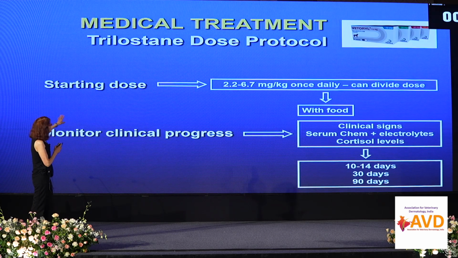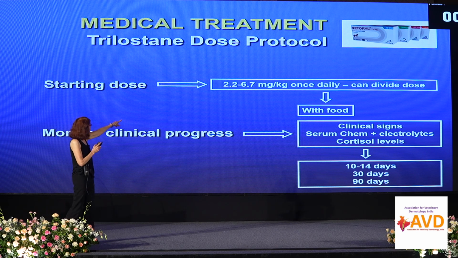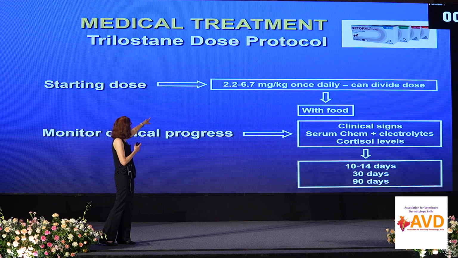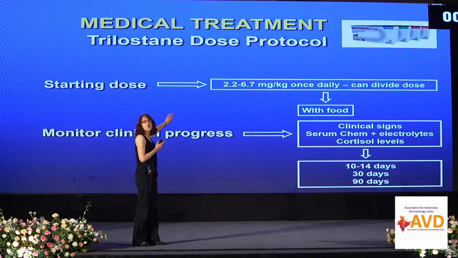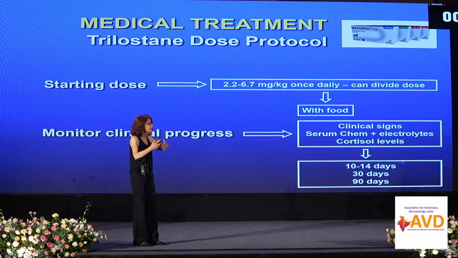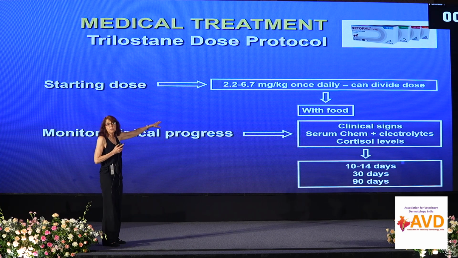Starting those, this is what DECRA recommends in the package insert, 2.2 to 6.5 milligrams once daily. So start with the low end, and then with time you increase the dosage. Most people are doing it twice a day.